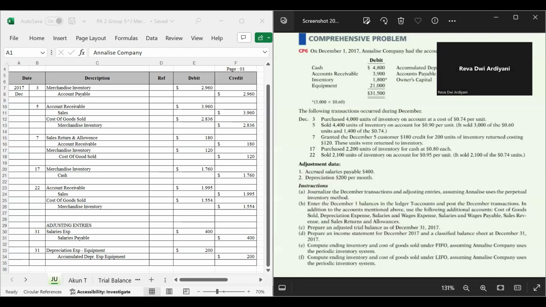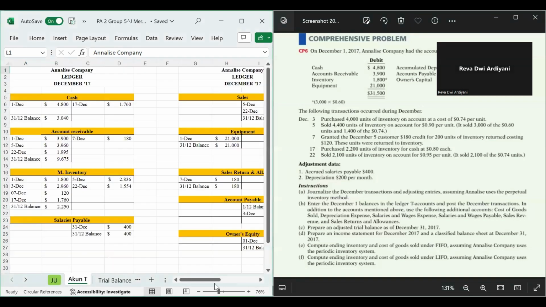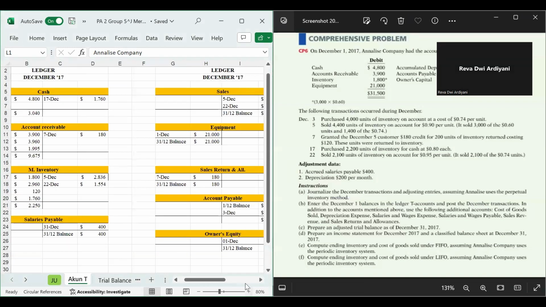Okay, thank you, moderator. Next, about the ledger.